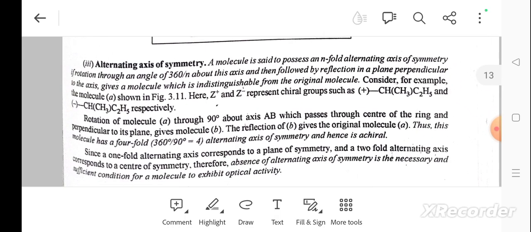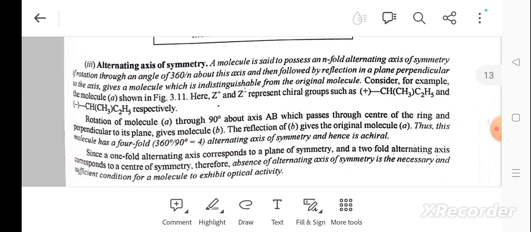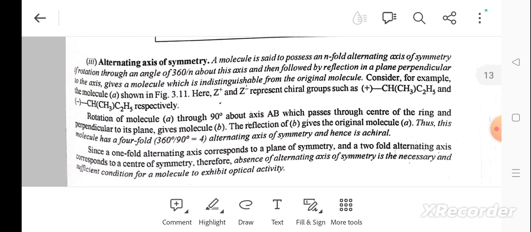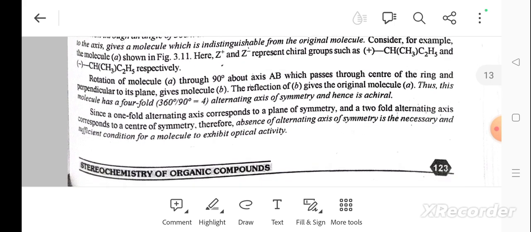Third, alternating axis of symmetry. A molecule is said to possess an n-fold alternating axis of symmetry if rotation through an angle of 360 degrees over n about this axis, followed by reflecting in a plane perpendicular to the axis, gives a molecule which is indistinguishable from the original molecule. Consider the molecule shown in figure 3.11.